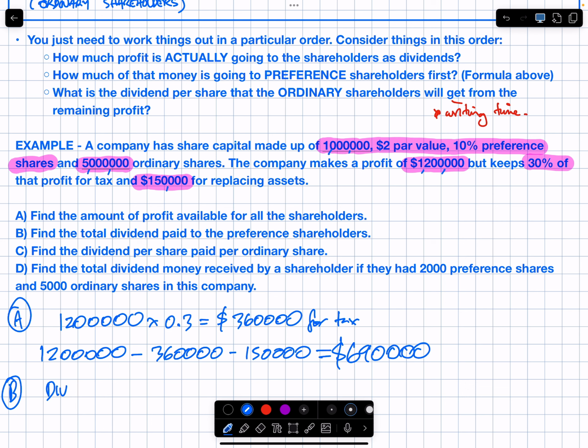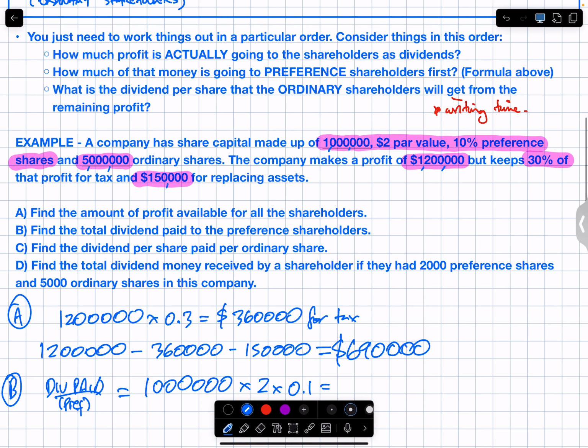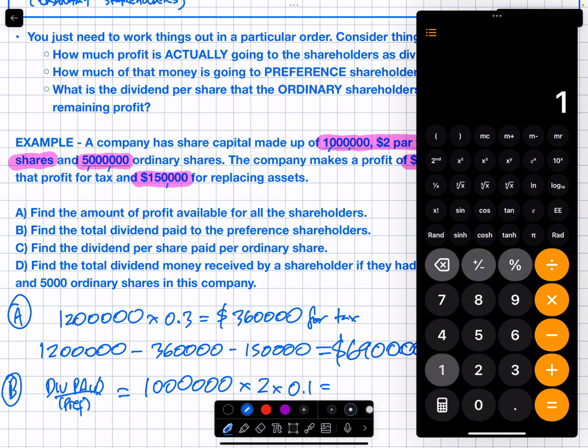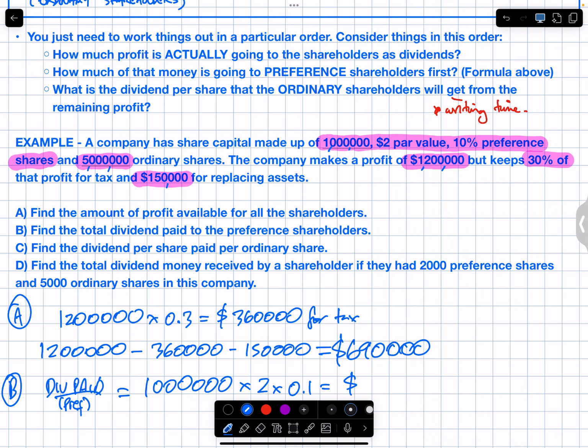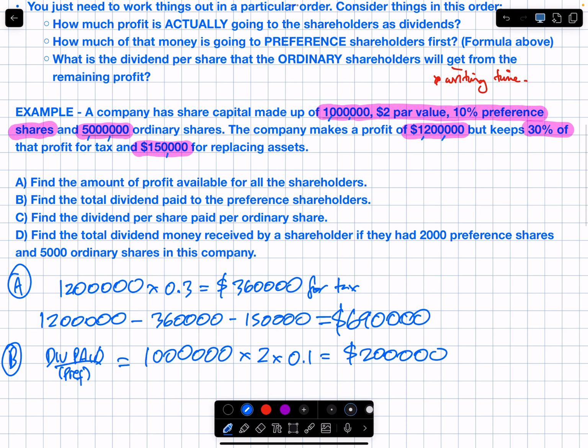So the dividend paid for the preference people is going to be 1 million times the par value times, what's 10% as a decimal? 0.1. 1 million times 2 times 0.1. So 200 grand is going to go to all the preference shareholders.